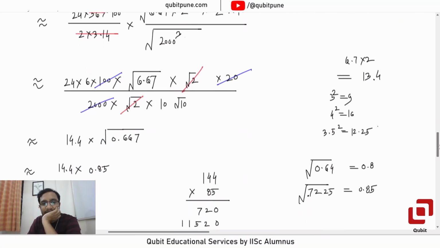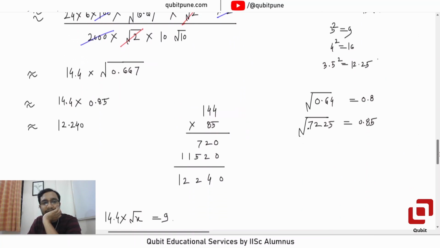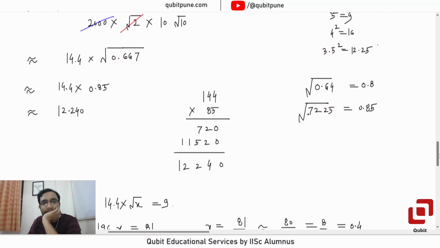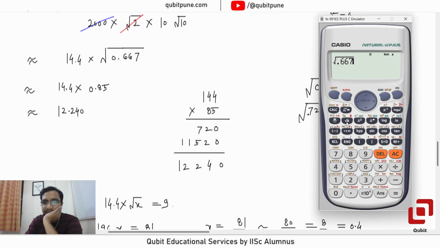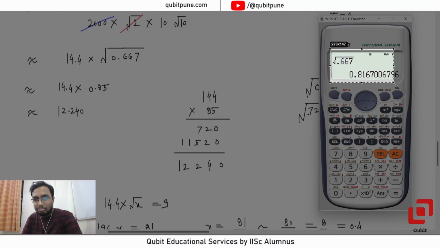I guess it is the root of 0.667 that we have approximated. Root of 0.667 is 0.81, and we have taken it as 0.85. That is why we are getting a slightly bigger answer.